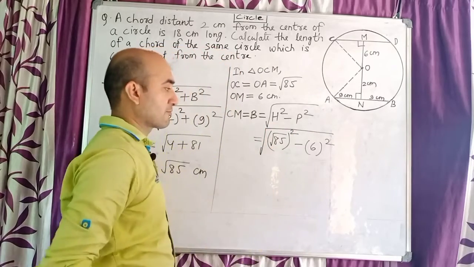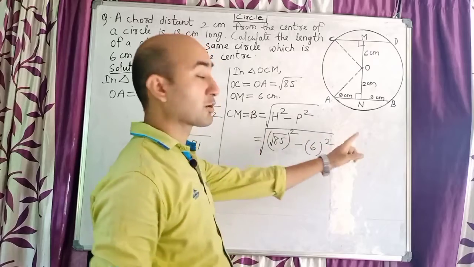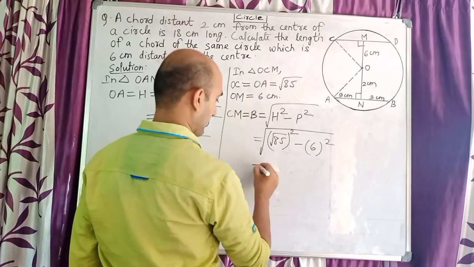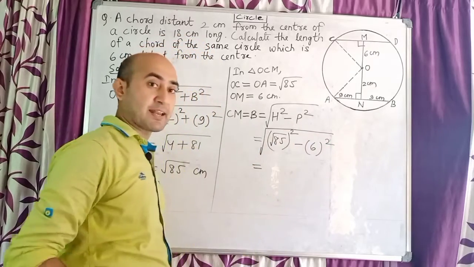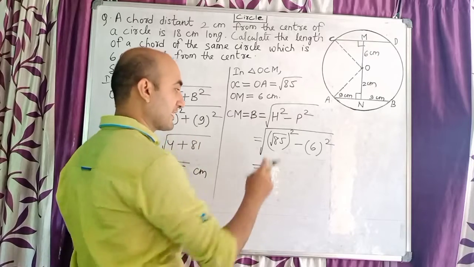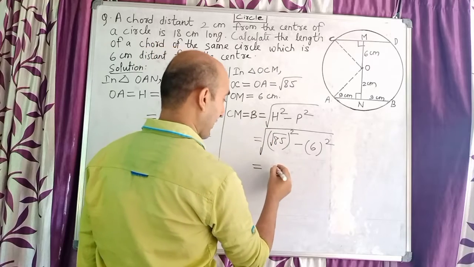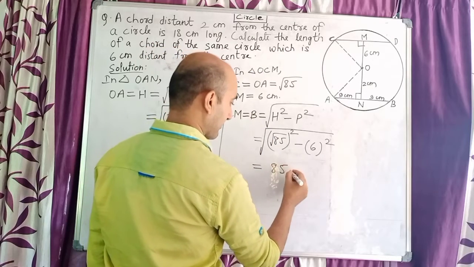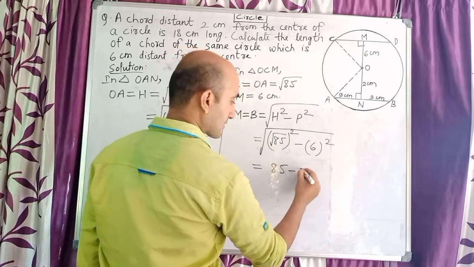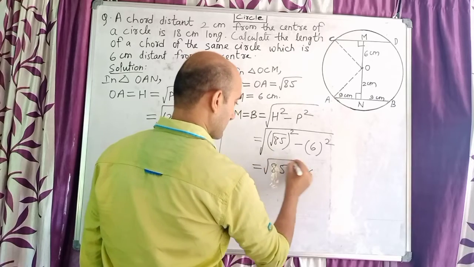One root over is the value and this root over is the formula's root over. Now root and square always vanishes, only number remains. I think no need to do 85 square, but what you do, square and root you vanish and only write 85 minus 6 square is 36 and this is root over.